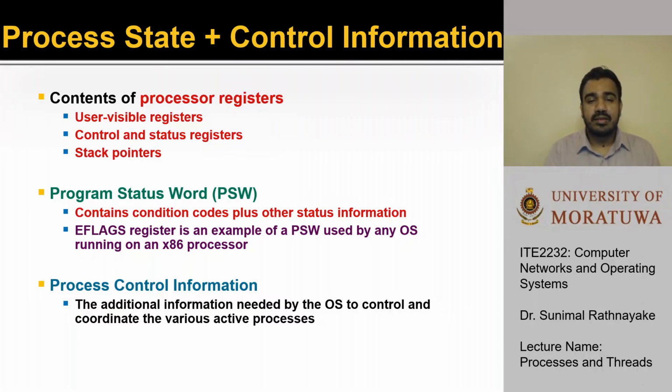In some implementations of x86 processor architectures, we have a flag called eFlag. The eFlag register is an example of a program status word used by any operating system running on these x86 processor architectures. Then we have process control information, the additional information needed by the operating system to control and coordinate various active processes.